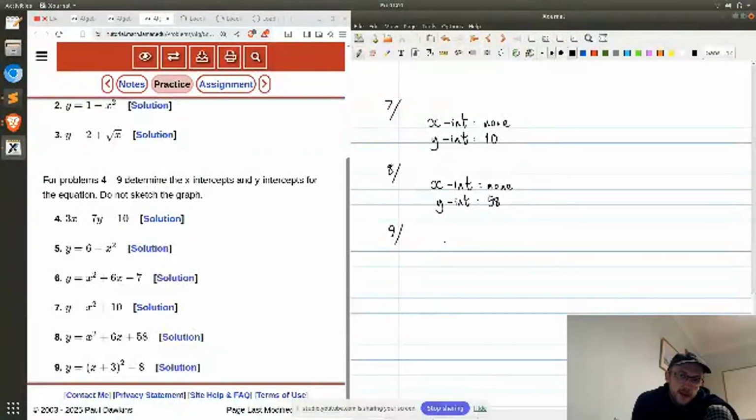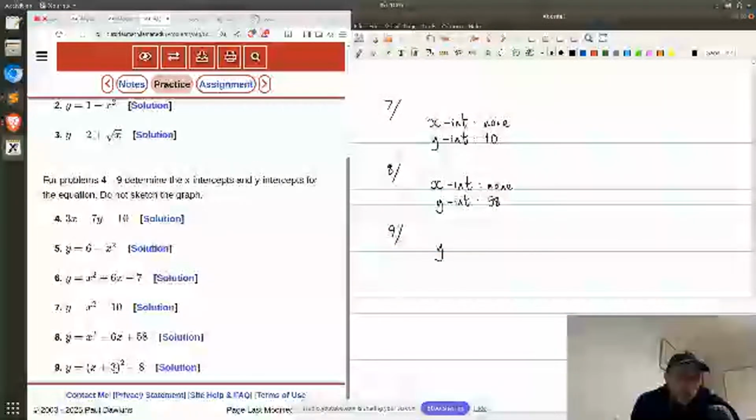All right, so for the y-intercept, that's something we can just immediately do by just plugging in 0. We see that we get 3 squared minus 8, which is equal to 1. So there's the y-intercept, just 1.